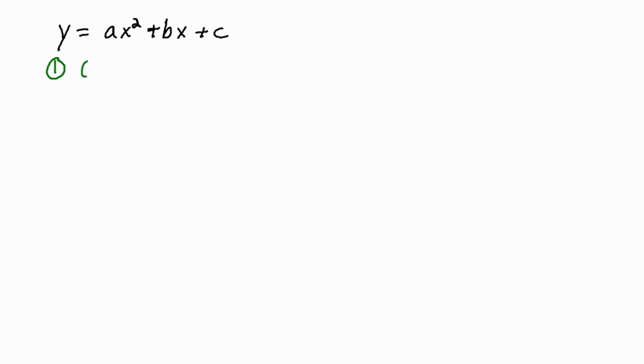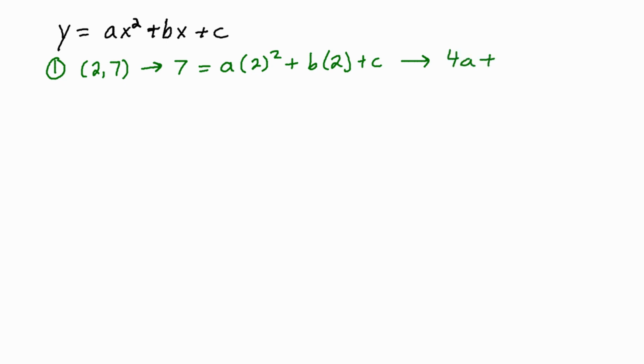Starting with (2, 7), I'm going to replace y with 7 equals a times x squared, so that's 2 squared, plus b times x, which is 2, plus c. So my result is 4a plus 2b plus c equals 7.